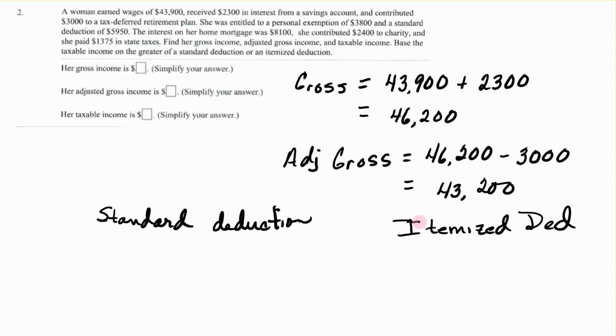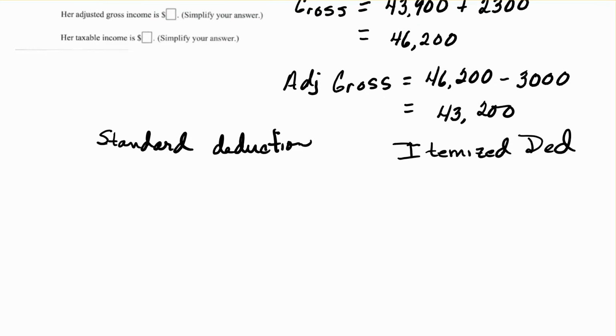All right, let's take a look at her itemized deductions. What kinds of things are deductions? Well, she had $8,100 in mortgage interest. You get to deduct that.